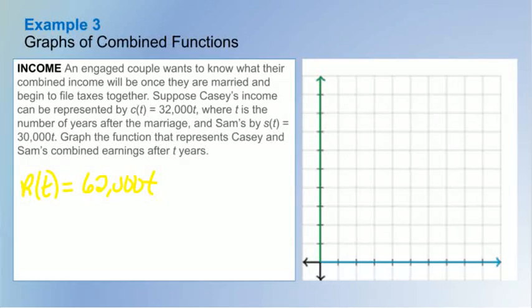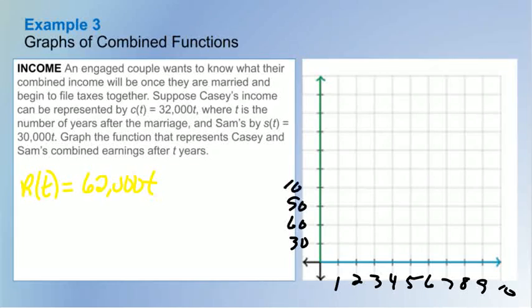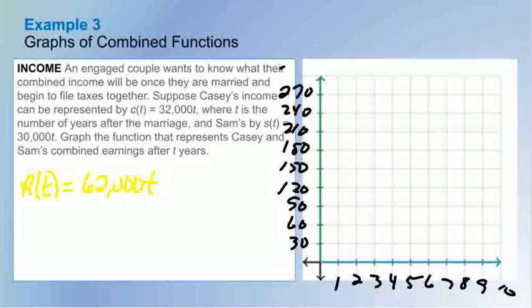Bottom, let's count by ones. This would be 2, 4, 6, 8, 10, 1, 3, 5, 7, 9. Here we'll just count by 30s. So this would be 30, 60, 90, 120, 150, 180, 210, 240, 270, 300.